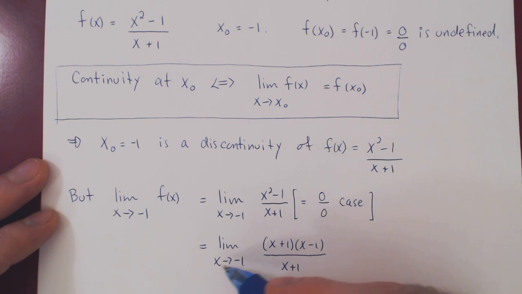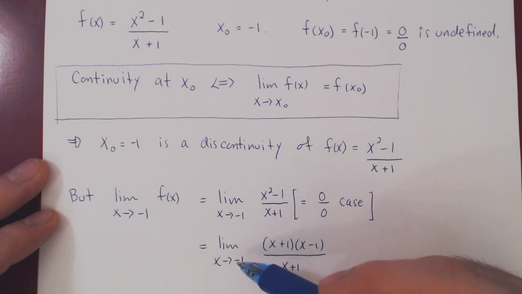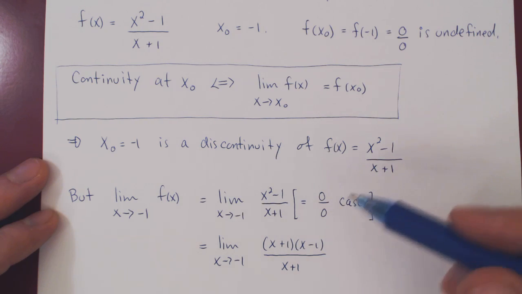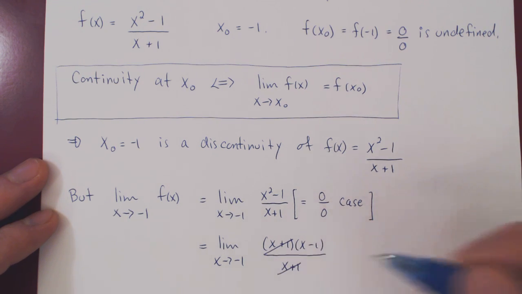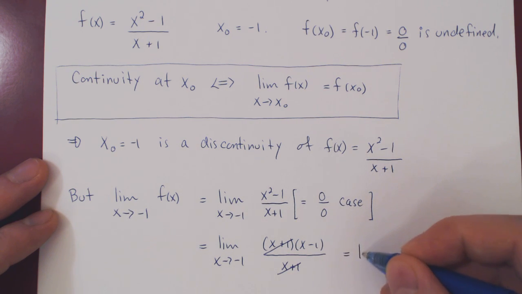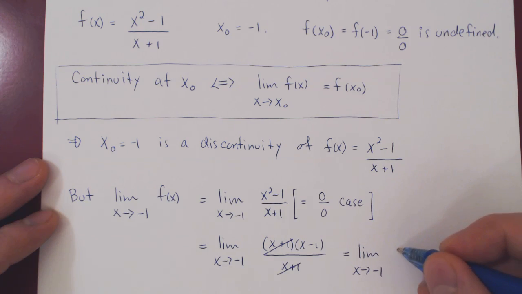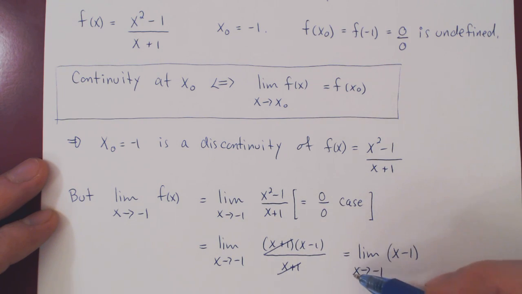Now, as x is approaching negative 1, x is very close to but not equal to negative 1, and so x plus 1 is not 0, and so we can cancel the common term on top and on the bottom. And now we are left with a rather trivial limit. As x is approaching negative 1, x minus 1 will approach negative 2.